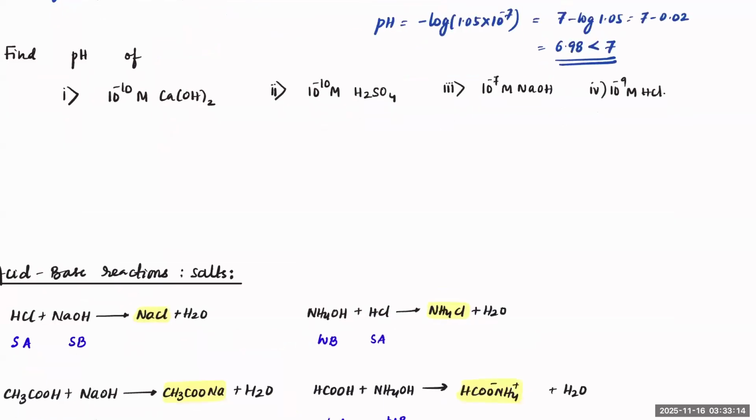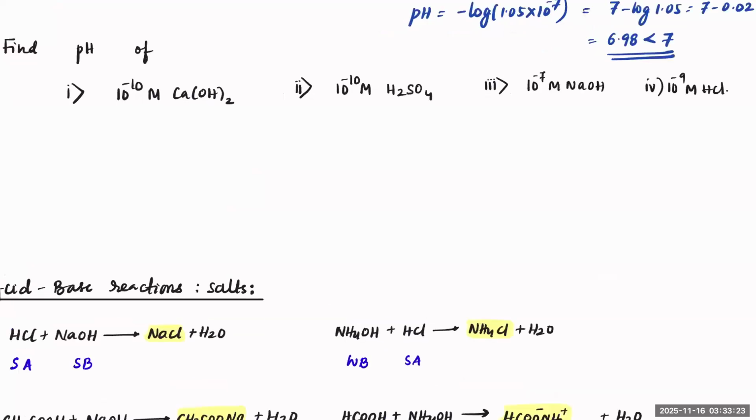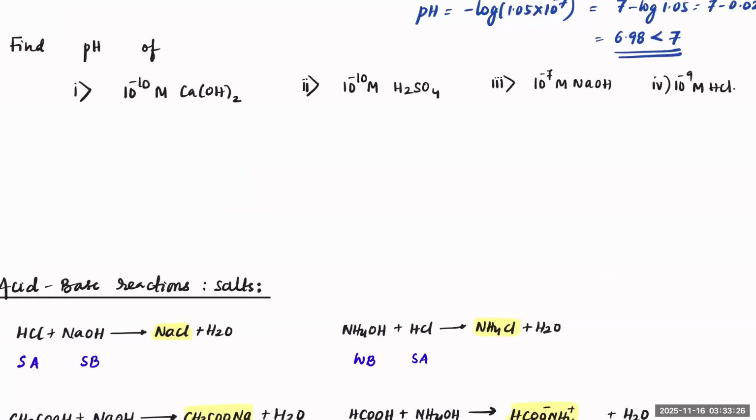Now, just by watching this, you should be able to tell me what will be the pH value. Okay, it will be greater than or less than. What will be that? Okay, so check out for 10 raised to power of minus 10, such a low concentration. So I can say that pOH value will be very, very close to 6 point something like 995, because it has to be slightly less than 7, which means the pH value, correct? pH value will be very, very close to 7 point something like 001.